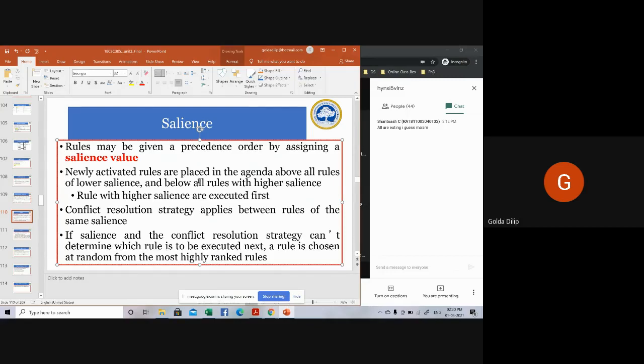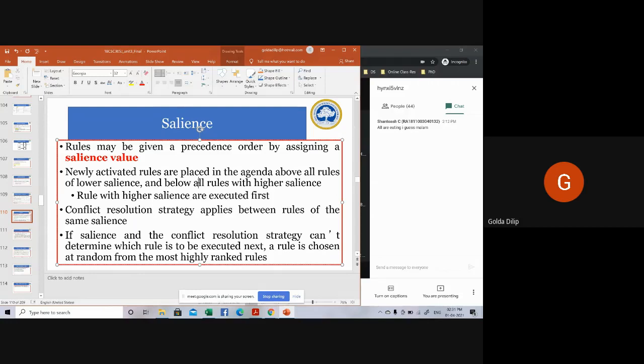Rules with lower salience will be pushed lower on the agenda, whereas higher salience rules will have a higher preference. So what you are doing is assigning numeric values within a certain range. I think it's between minus 10,000 and plus 10,000. That's the salience range, and zero is generally given an intermediate priority.